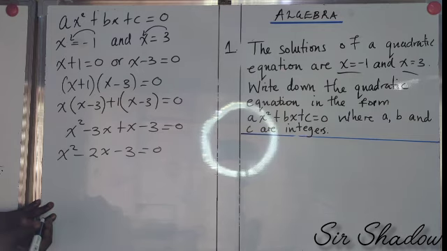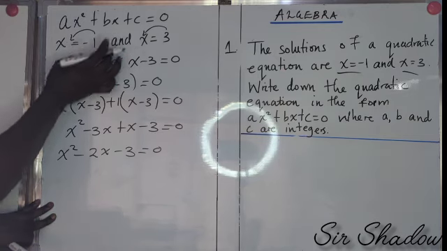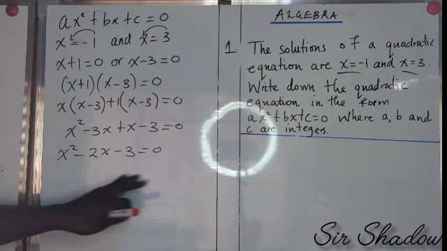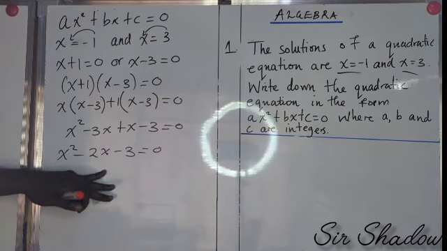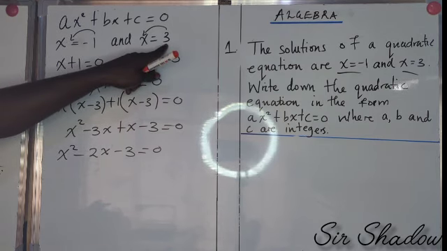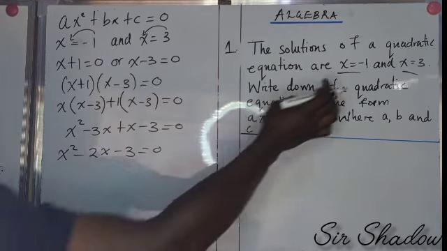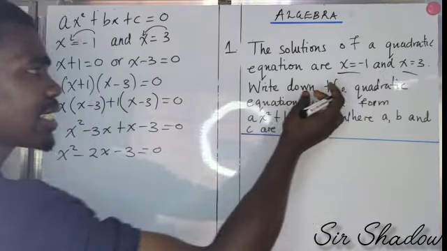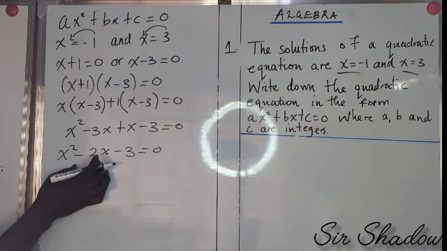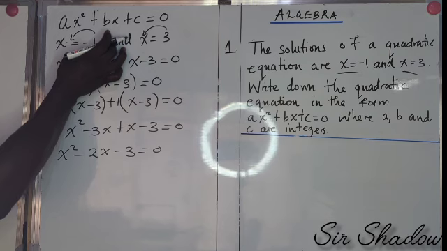Remember, I managed to convert from these roots to the factors, then to the quadratic equation. If you solve this quadratic equation, you always follow this step, this step, this step, until you get those roots. Here you are given the roots, then asked to go backward until you find the quadratic equation which was solved to get these roots.